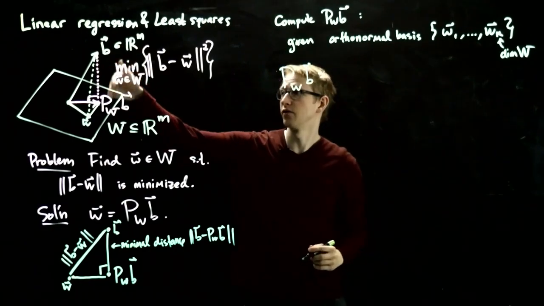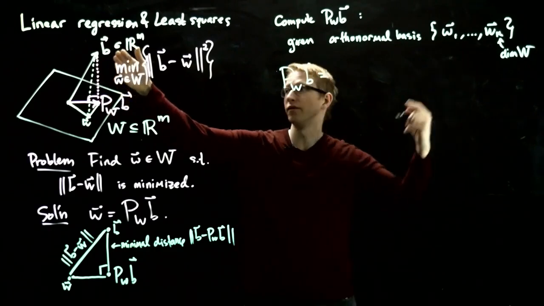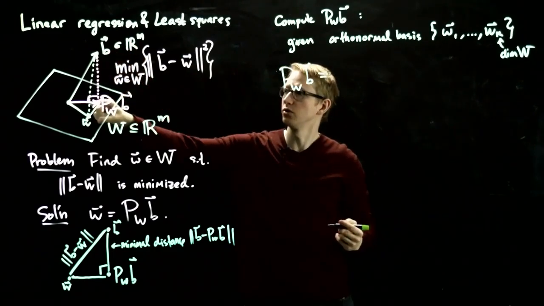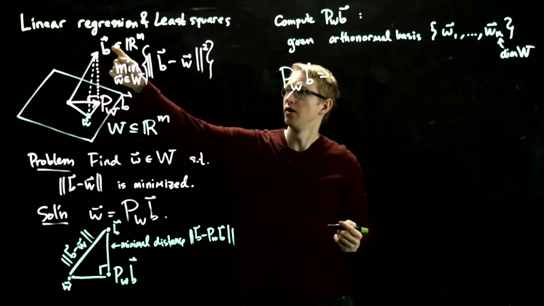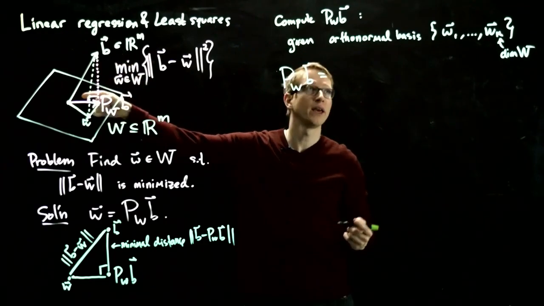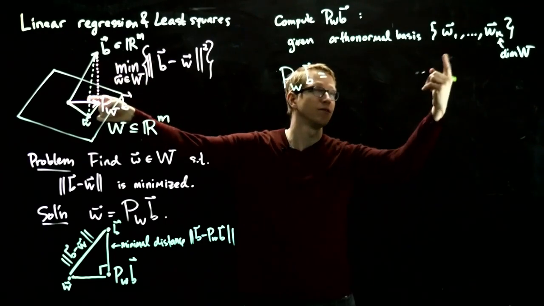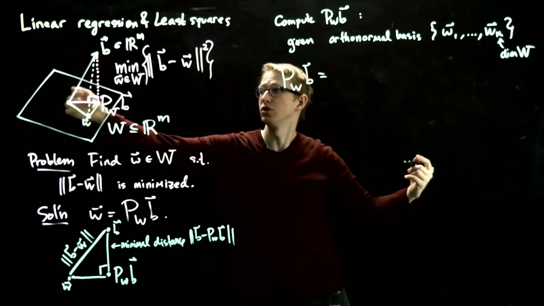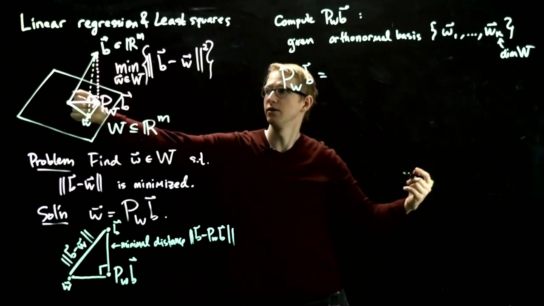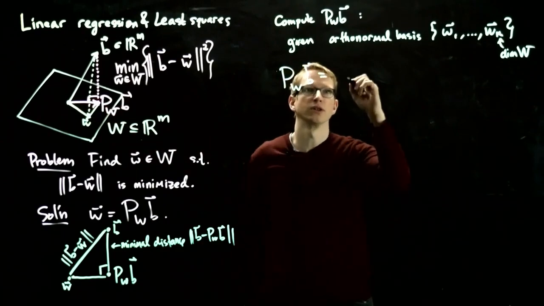Remember, the dot product of B with any of these orthonormal vectors gives you the shadow of B onto that vector, and then multiply again by that vector to give you the shadow of B onto this line in that same direction.